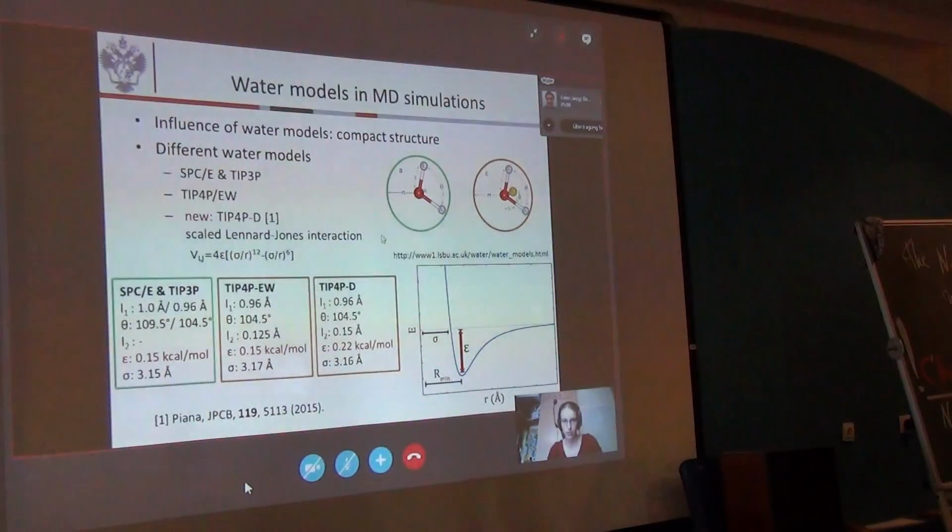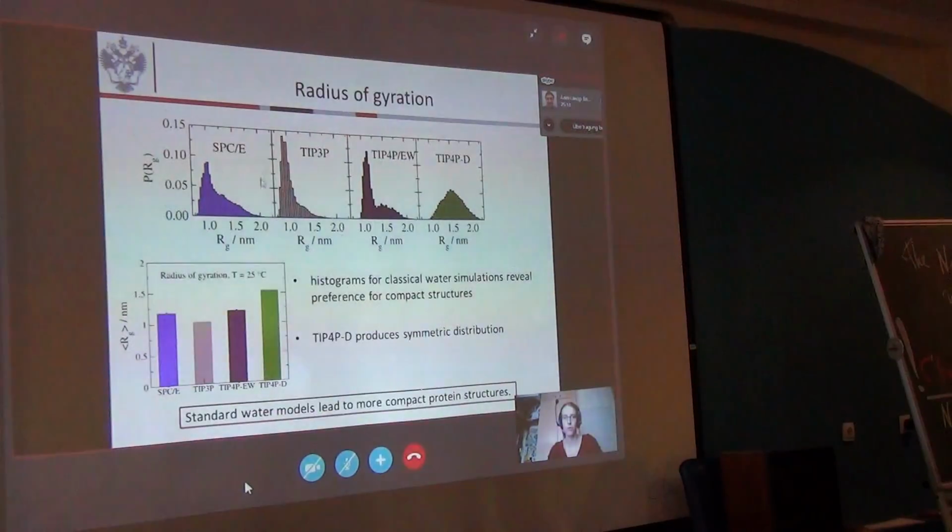We can see the effect of the different water models on the compact structure when we evaluate the radius of gyration. Here it is shown the distribution of the radius of gyration, which is sampled along the 2 microsecond trajectory. We see that for the standard water models, which are SPCE, TIP3P, and TIP4P eval, there is a preference for very small radius of gyrations.